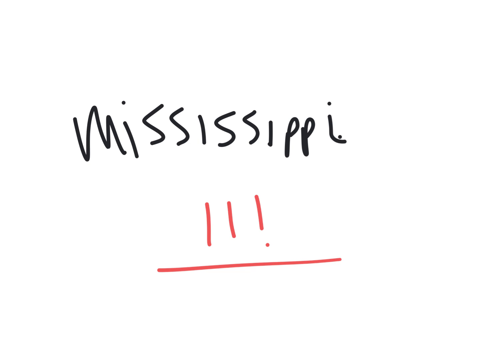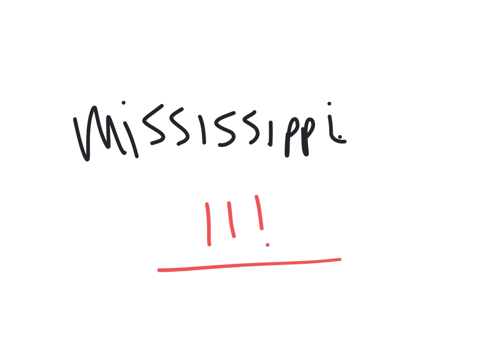All right. Mississippi. It's not that scary. How many letters are there? We'll count it and I'll count it and we'll see if we get the same thing. What'd you get? 11, I agree. 11 factorial over. Now, is there any repeats? Yep.